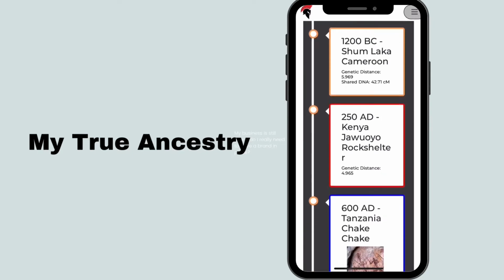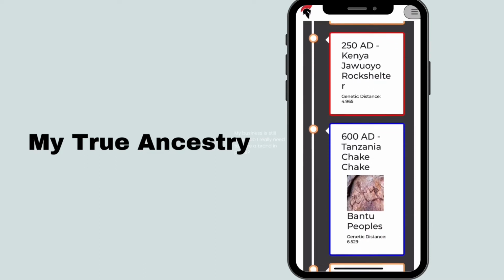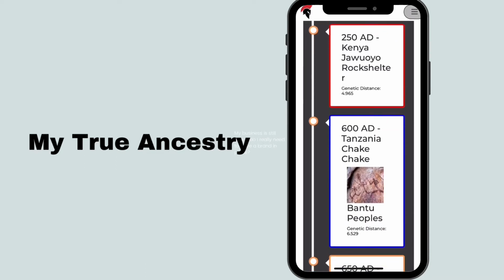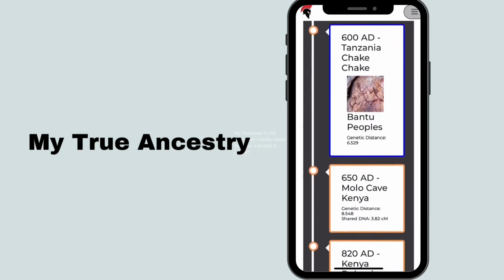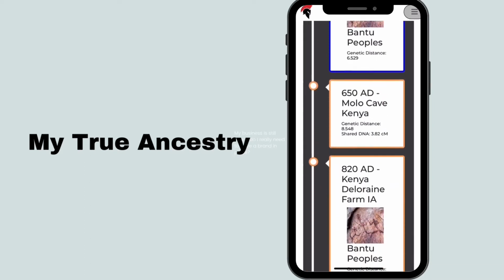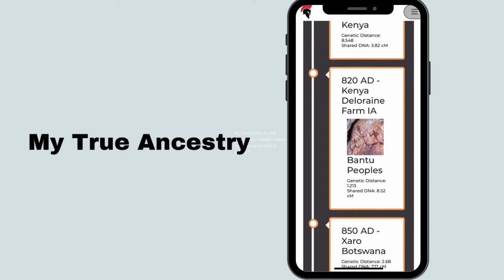Blue boxes matching the blue dots on your ancestral maps are your matching samples, which are identified to a specific civilization. Yellow boxes representing deep dive direct matches are samples you share direct DNA segments with in cM or centimorgans. Then it says, note, the larger your sample list, the more timeline entries appear.